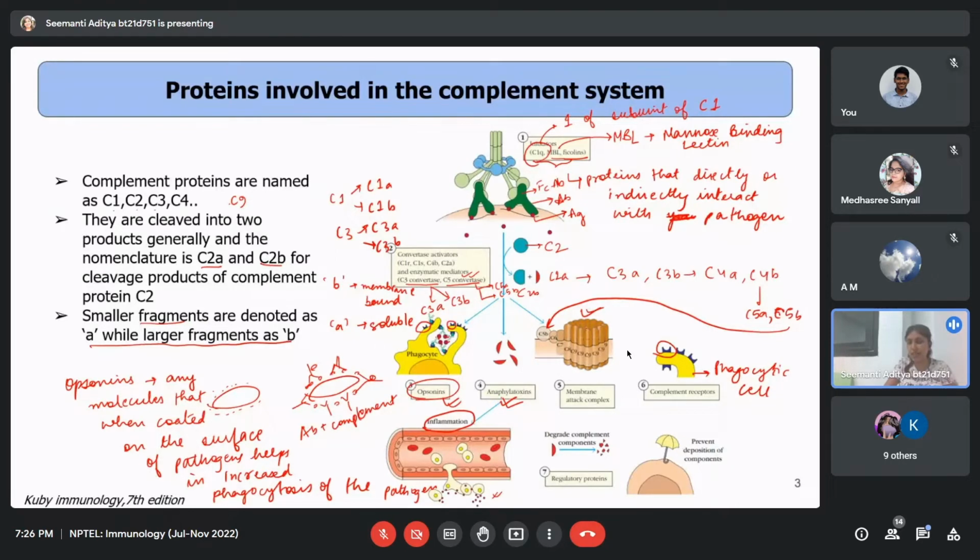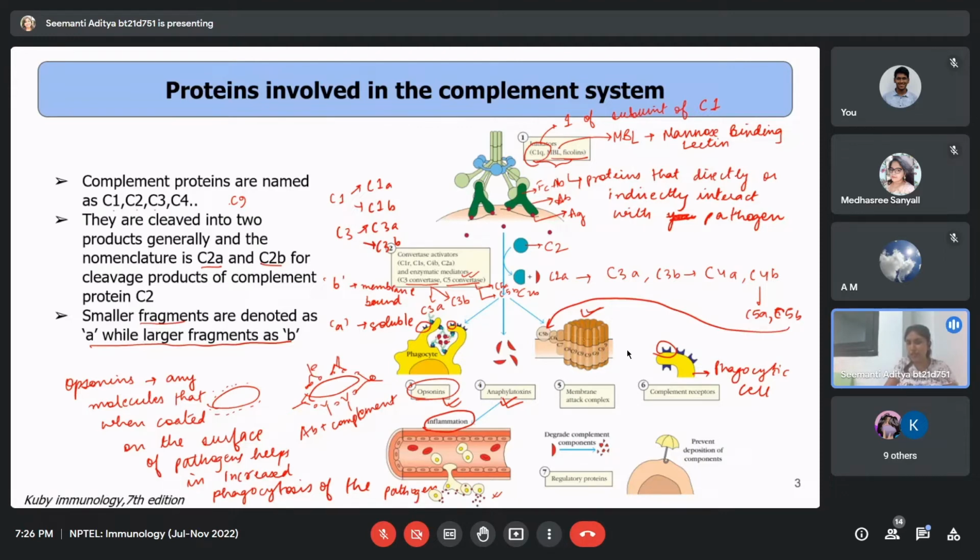There will be a lot of C9 monomers that get inserted into the membrane of your pathogen, and this membrane will get a cylindrical shape due to the insertion of multiple multimeric C9 molecules. This is known as the MAC complex, which is responsible for the lysis of the cell.